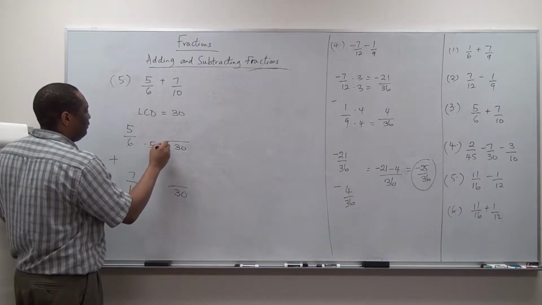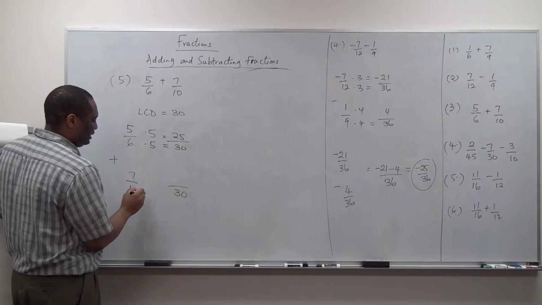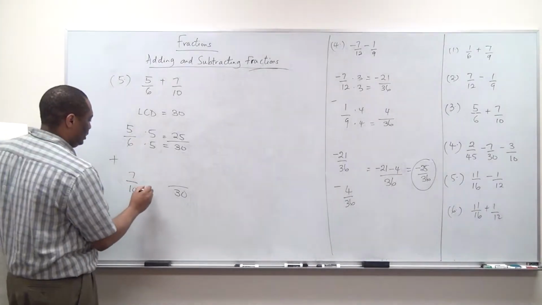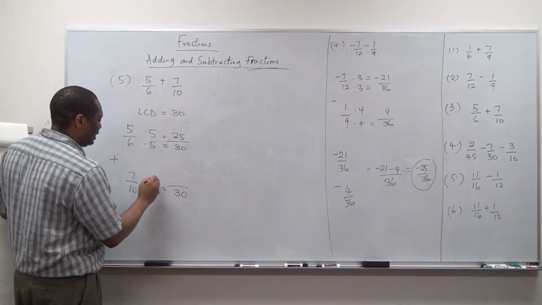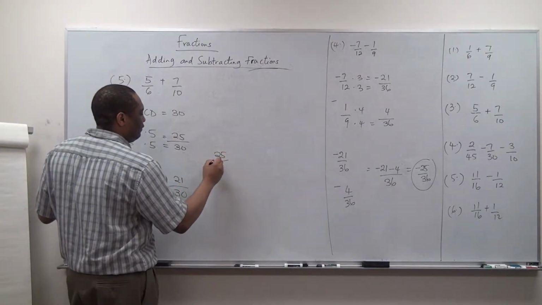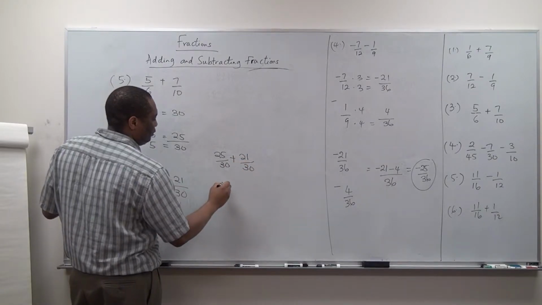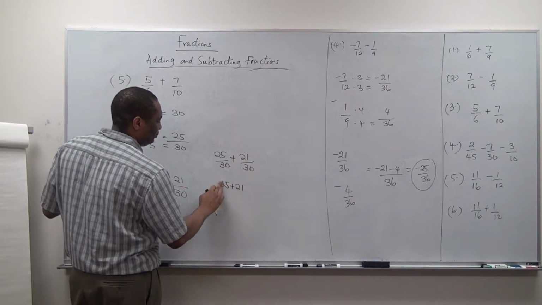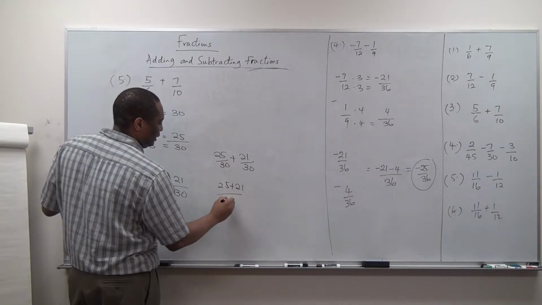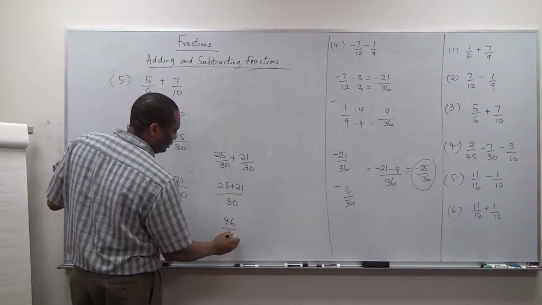This is times 5, this is times 5, 25 over 30. What is the equivalent fraction of 7 over 10? This is times 3, this is times 3, 21 over 30. And that will now give you 25 over 30 plus 21 over 30. And that will give you 25 plus 21 over 30. And that will give you 46 over 30.